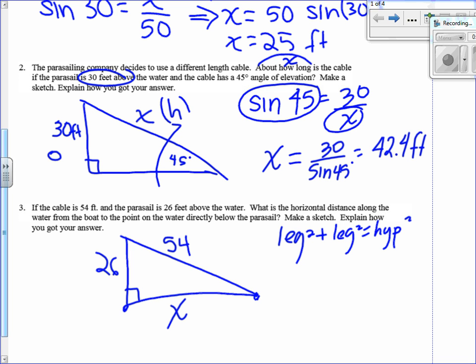Because we didn't have an angle here, we had no choice. Keep that in mind. The reason we use the Pythagorean theorem is because we know two sides.